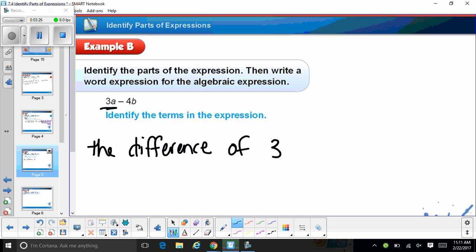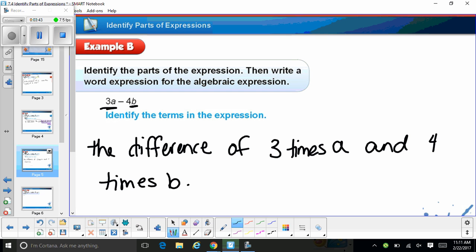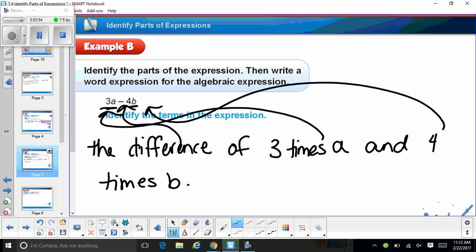So 3, another word I can say for multiply is times. 3 times a. And that's because I have a second term here, which is 4b. And I'm going to simply state that. 4 times b. And so my word expression would be the difference of 3 times a and 4 times b. And so I've got all my operations covered and I've included all of my terms.